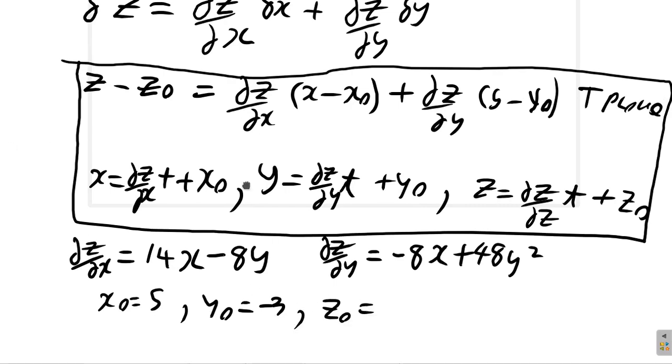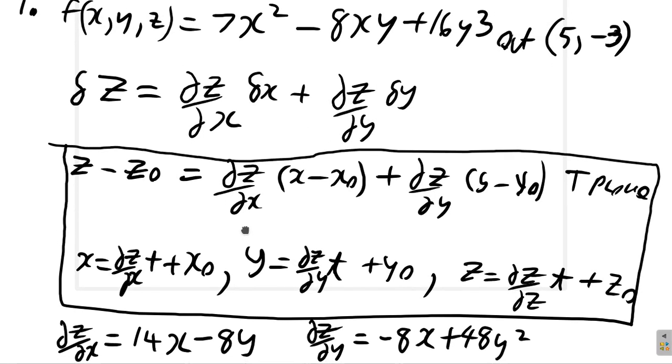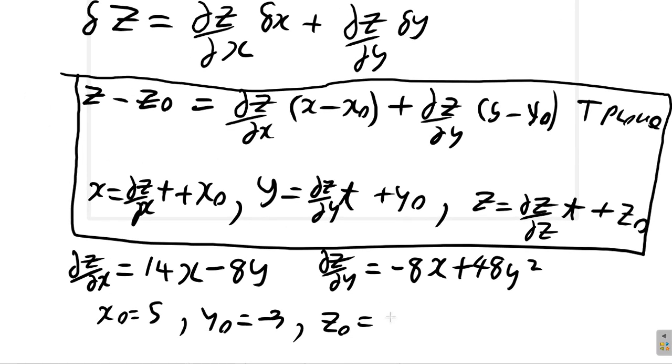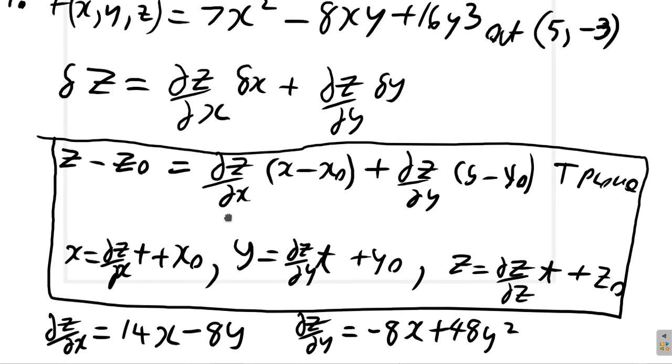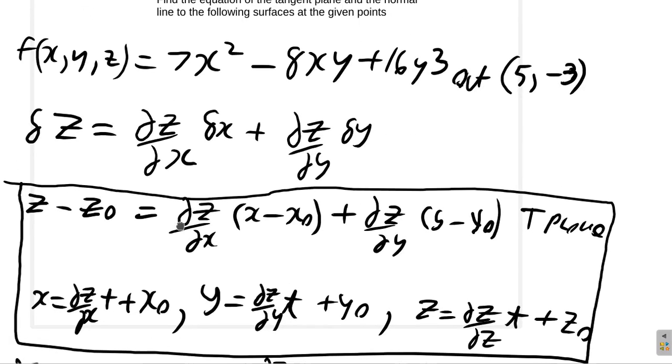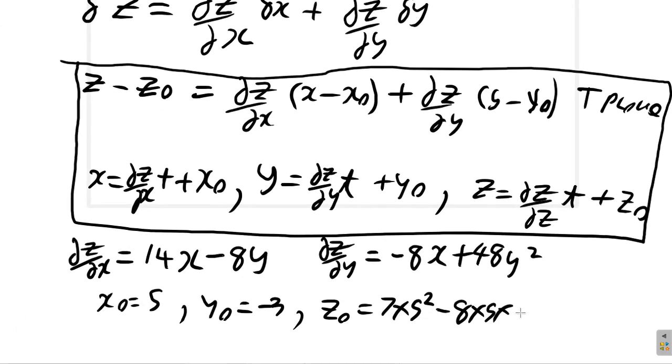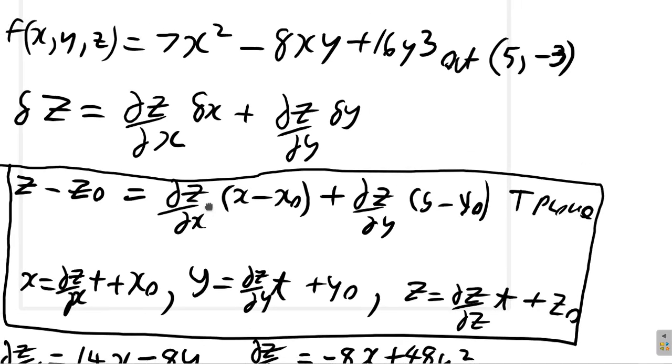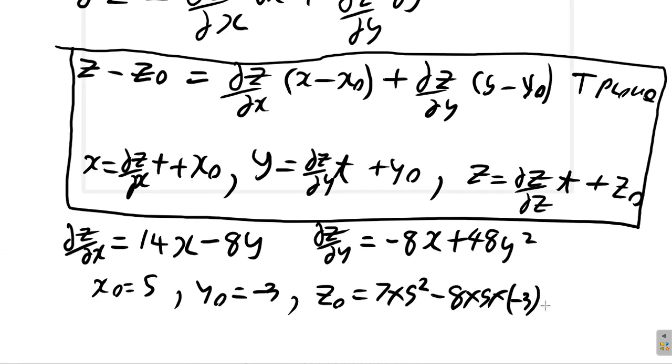What would z naught be? 7 times x squared, so it's 7 times 5 squared, minus 8 times 5 times y, which is negative 3, plus 16 times negative 3 cubed.